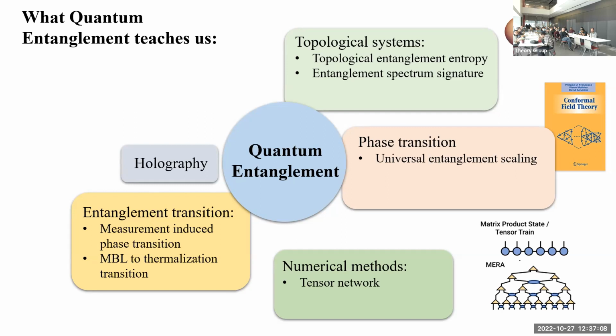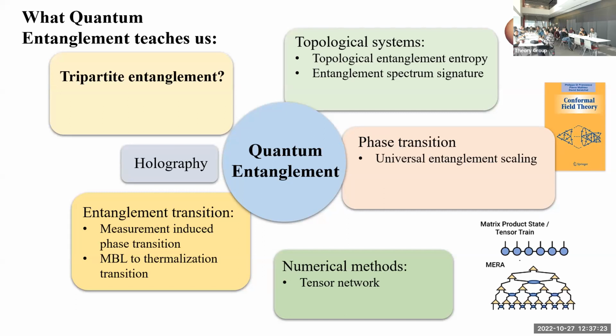However, when we think about a quantum many-body system, in principle we can partition the system in a more complicated way. In more general cases, we can think about the so-called tripartite entanglement, which is going to be the focus of the talk today. Suppose we want to compute the tripartite entanglement for phases of matter, what can that teach us?